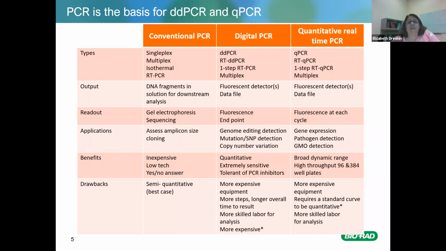In quantitative or real-time PCR, we look at fluorescence at each cycle. It allows a broader dynamic range than conventional and digital PCR, and it allows high throughput. The equipment is more expensive than regular conventional PCR, and in order to be quantitative, you need to run a standard curve, which does limit some of the throughput.